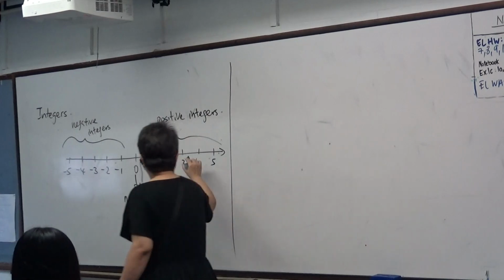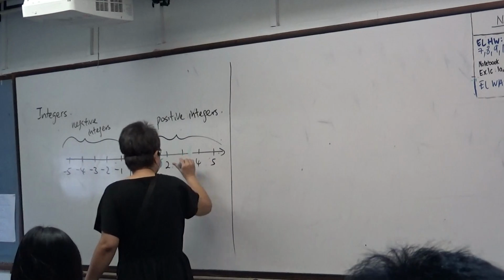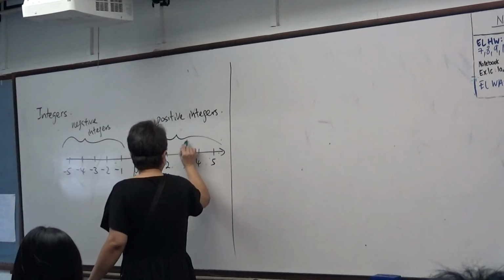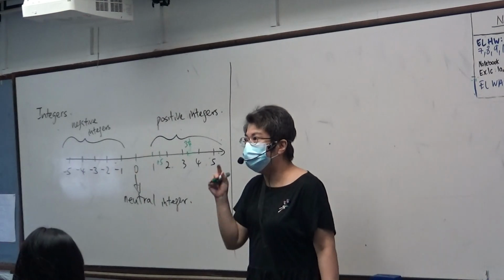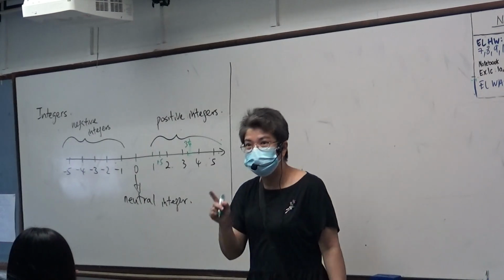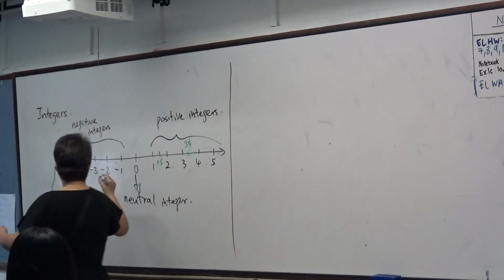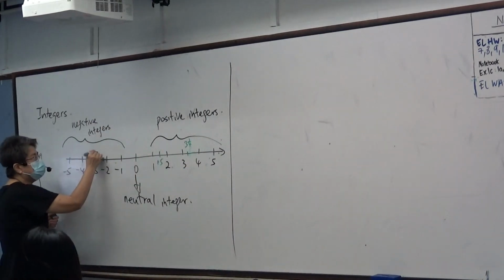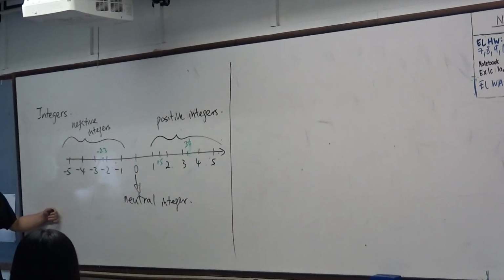For example, I can have 3 1/4. This is also a positive number, but it is not a positive integer. Likewise here, if I have -2.3, this is a negative number, but it is not a negative integer.